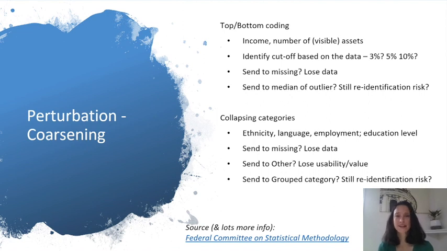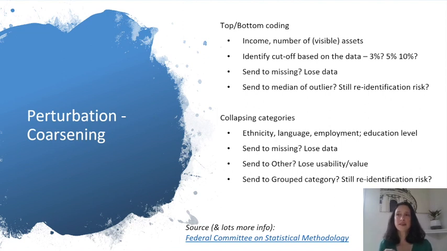And so again, it's getting this balancing act right of collapsing data, whether it's in a survey when you're collecting information on, I know in some of our surveys, languages spoken in the house can even be a significant re-identification risk, especially for very unique observations.